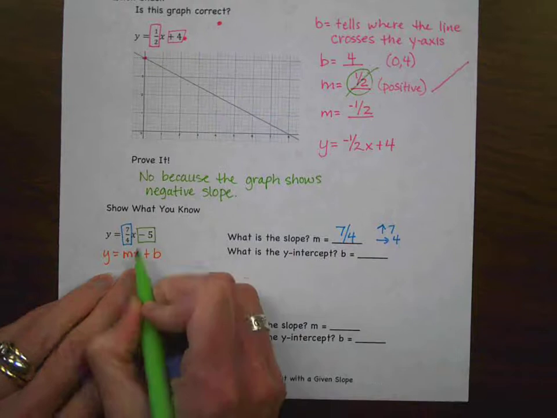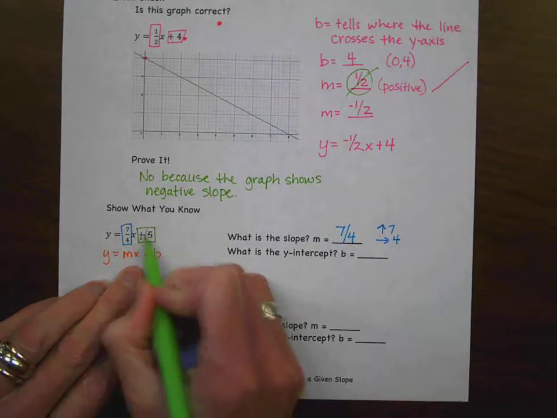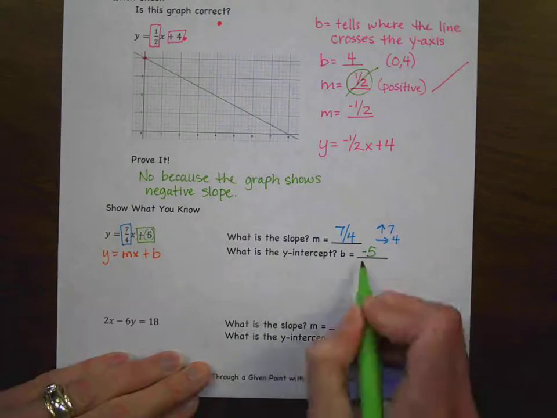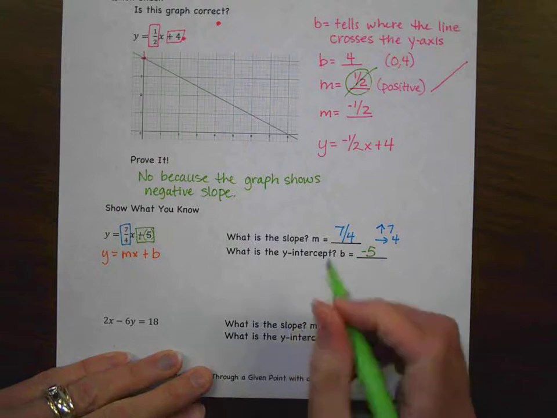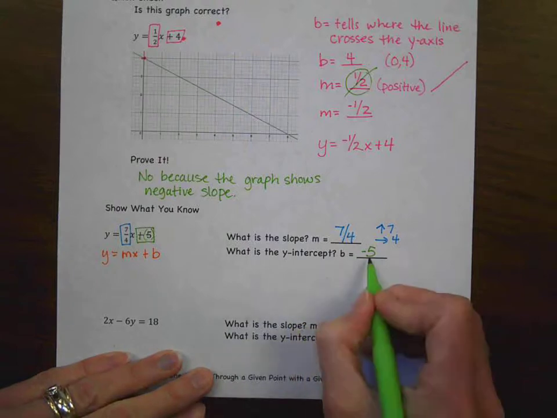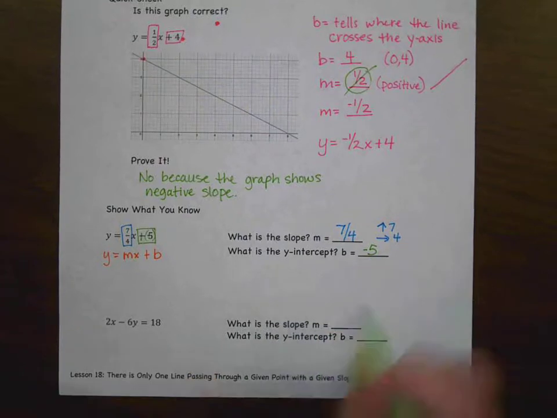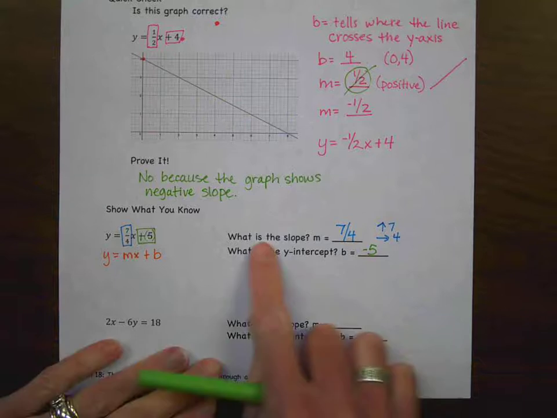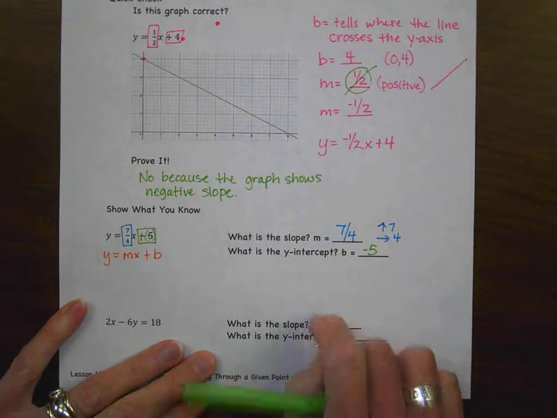The reason why we know that it's -5 is subtraction is the same as adding the opposite, and so this truly is a -5. So we have -5 is the b, and remember, the b tells you where on the y-axis the line crosses. So that means that we would have to go down to -5 on the y-axis to find the point where it crosses it. Okay, so did we find the slope? Yes, we did. Did we find the y-intercept? Yes, we did.